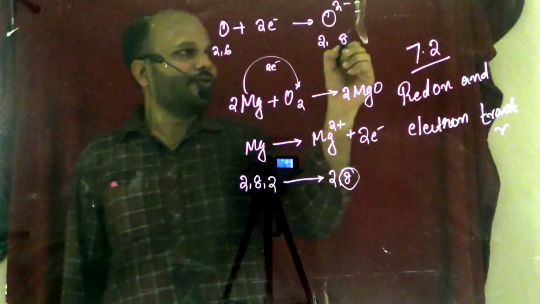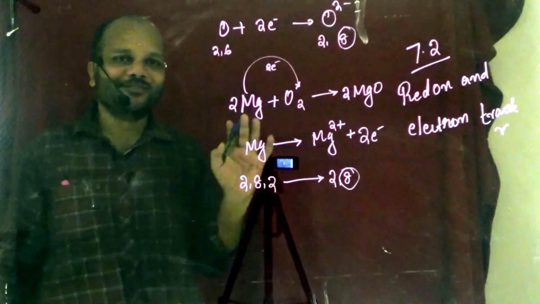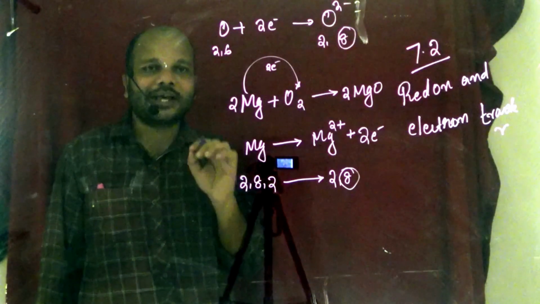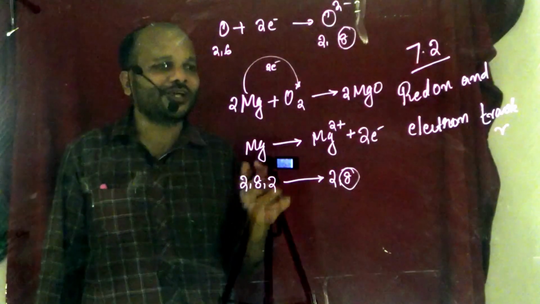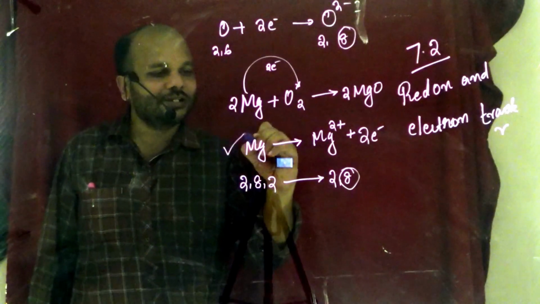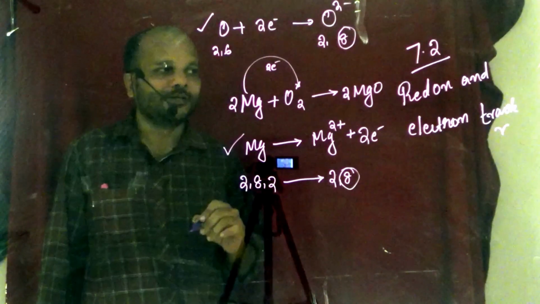So oxygen also has 8 electrons in the outermost shell. It is happy. The octet condition, that means 8 electrons in the outermost shell, is met for oxygen as well as magnesium.